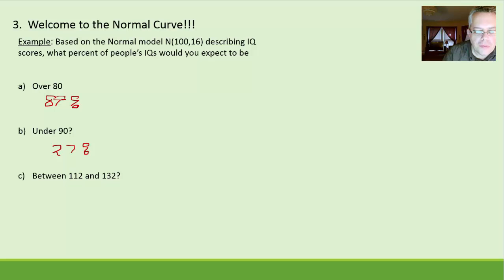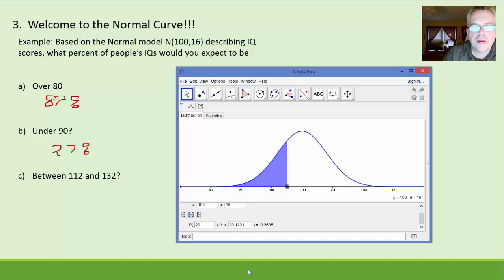All right, between 112 and 132. So again, if we want to know the percent of IQs in between 112 and 132, we got to find the area between 112 and 132. And I'm just going to type it in now instead of trying to use the sliders. So this will be a little bit more exact, 112 and 132.